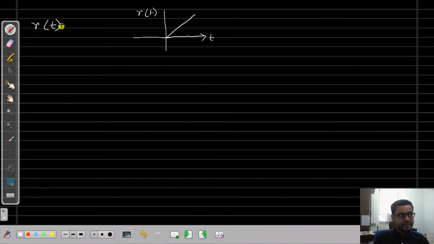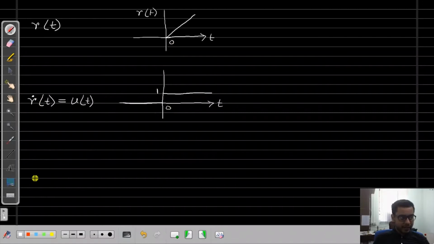If you take the derivative of the unit ramp signal, that is r dot t, then we get u of t, the unit step function, which looks like this. It is 0 before time equal to 0, and after that it is 1.